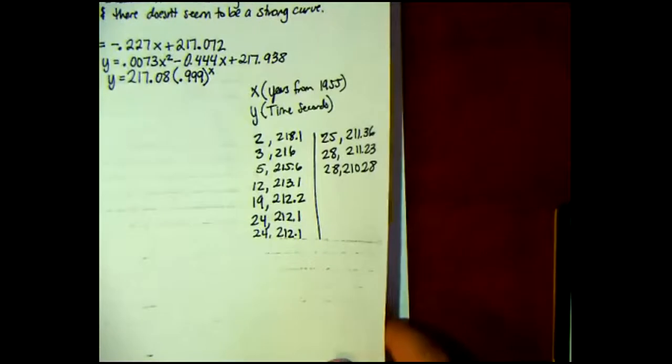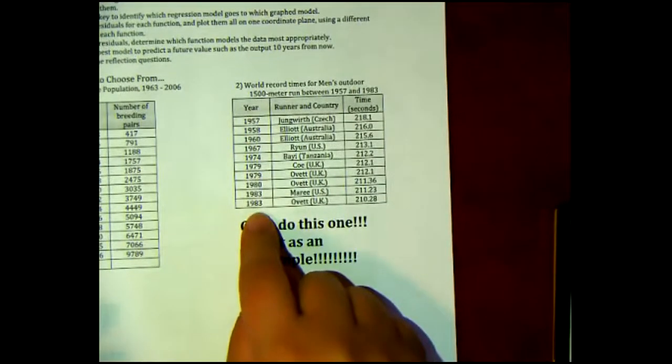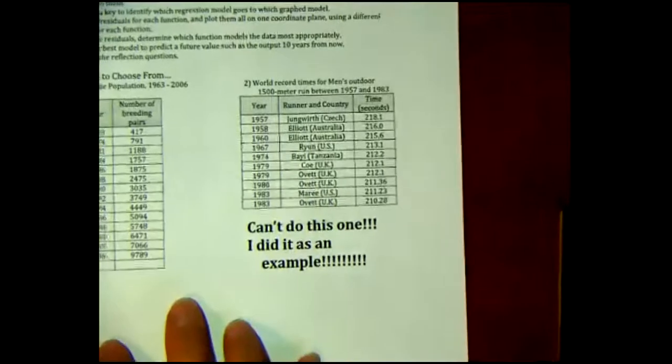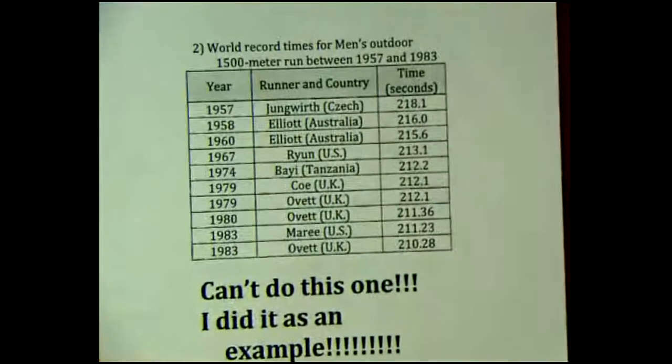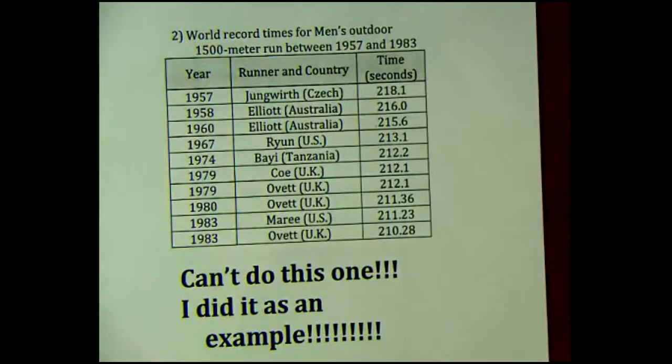Well, you're going to go ahead and write it in. You remember how in the past I've said, if you're dealing with years, you may want to modify it so that you're not putting in 1957, because that makes your numbers a lot larger to work with.